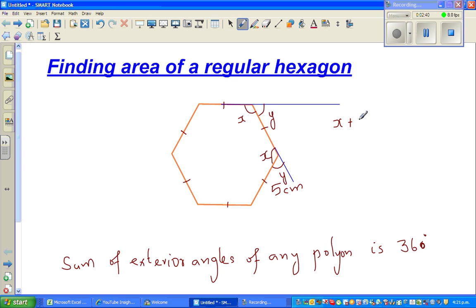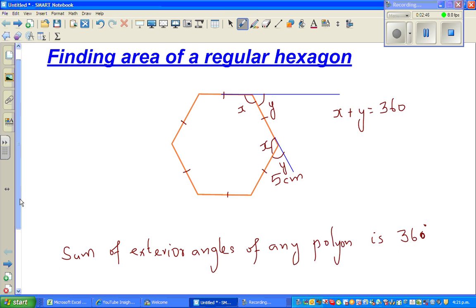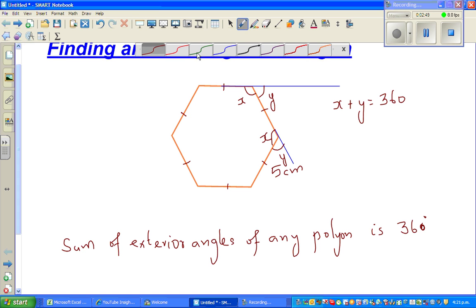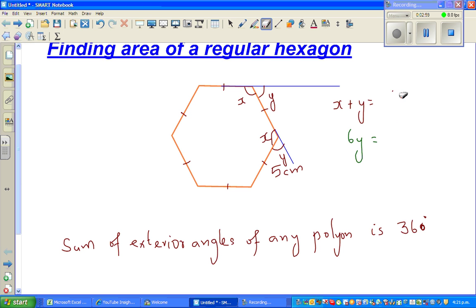Oh sorry, I made a mistake. What is x plus y? The angles on a straight line add to 180.